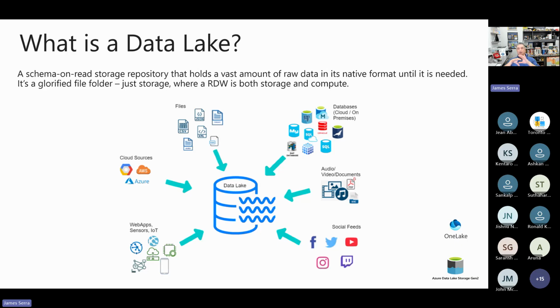That means I could put any source of data, not just relational data, but I could have media files, video files, JSON, Parquet, CSV, can all be dumped in a data lake. And that provides its own challenges, which I'll talk through, but this opens up a lot of reasons why a data lake can be very useful.